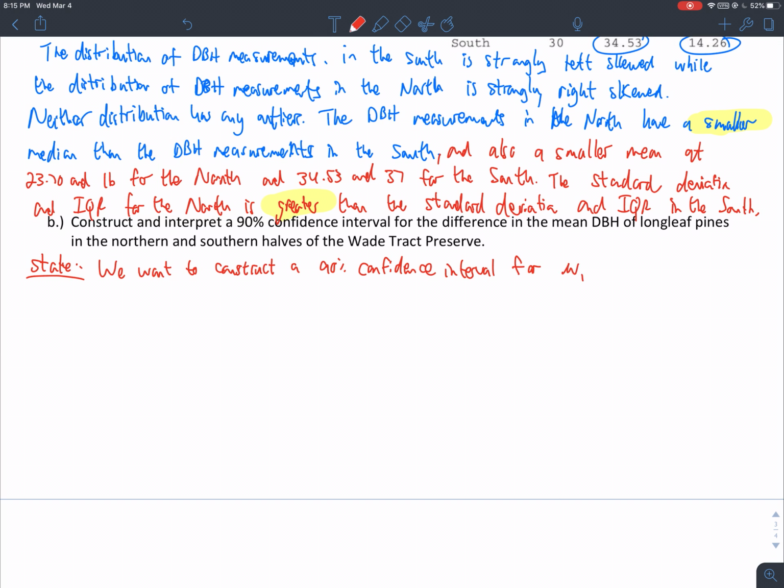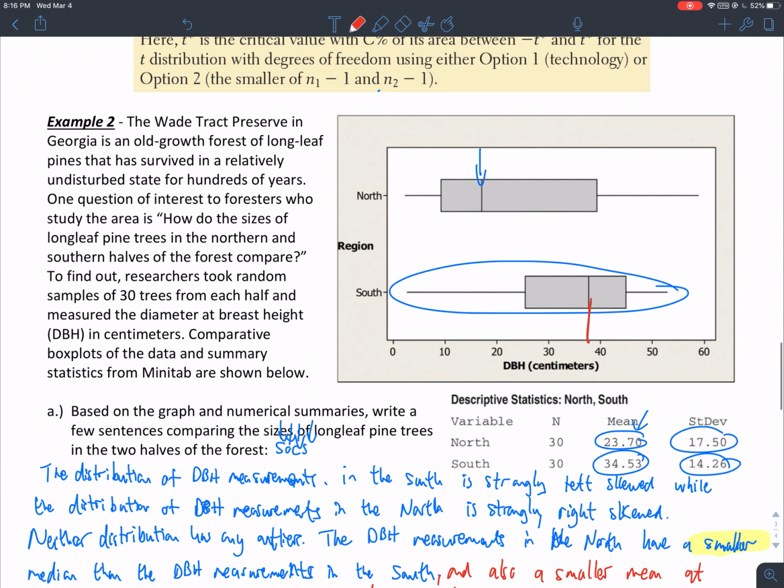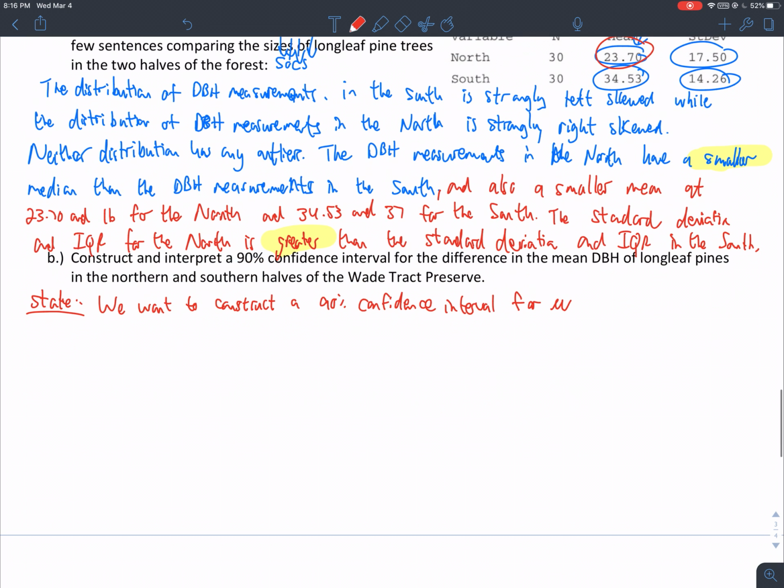for mu1 minus, well, actually maybe we should call this mu, which way would I want to subtract? Maybe we want to subtract the north from the south, since the north is smaller than the south. Okay, so we want to do mu sub s minus mu sub n, something like this.